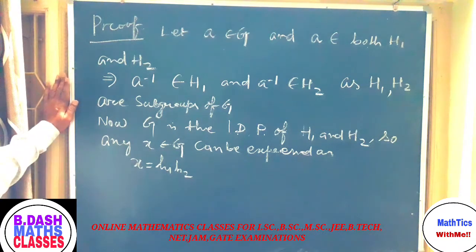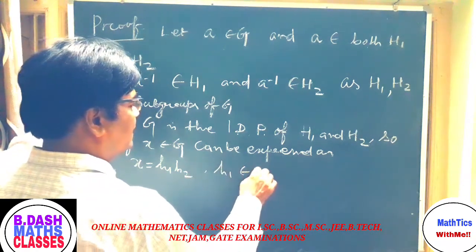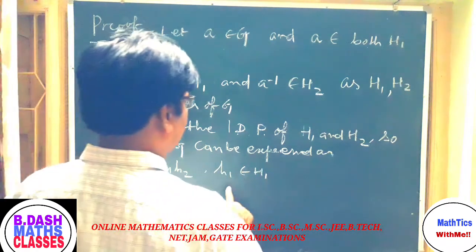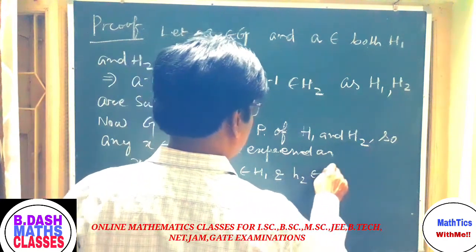We have G is the internal direct product of H1 and H2, so any x belongs to G can be expressed as x = h1 h2, where h1 belongs to H1 and h2 belongs to H2.